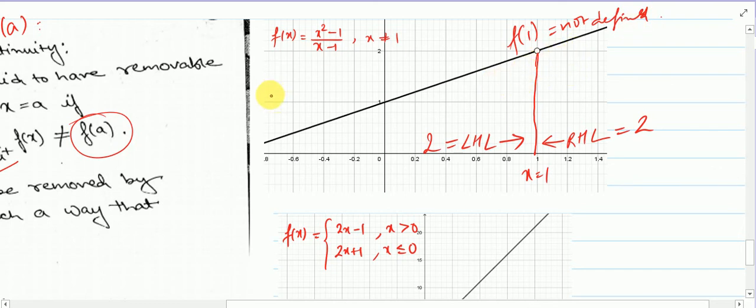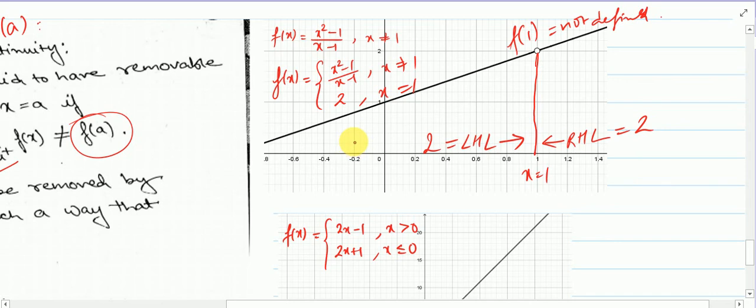Okay, so what we can do is define f of x as (x square minus 1) upon (x minus 1) for x not equal to 1, and define f of x equal to 2 when x equal to 1.